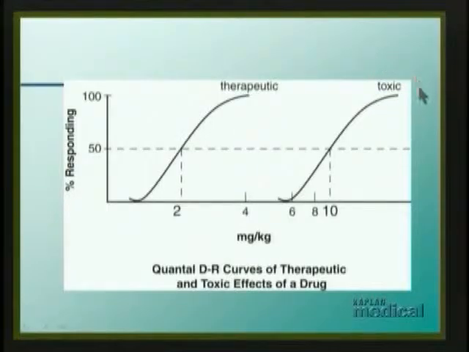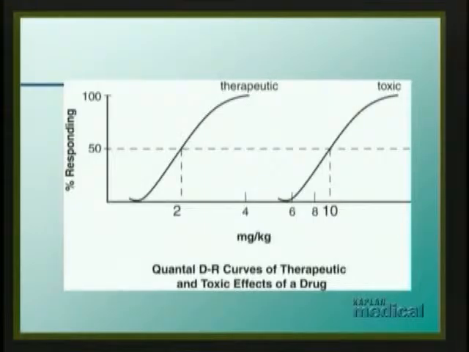So whatever the toxicity might be, hopefully simply nausea and vomiting, we notice that they start appearing, those toxic responses, once we are around 6 milligrams per kilogram, and 50% of that population had toxic responses for 10 milligrams per kilogram. Beyond that, ultimately, we would have 100% of our population having toxic responses.